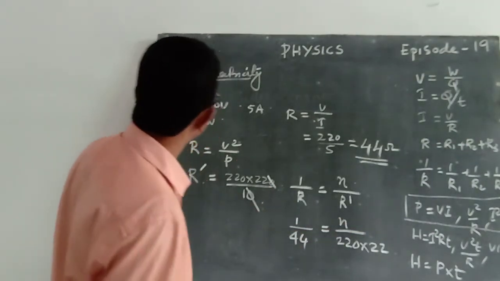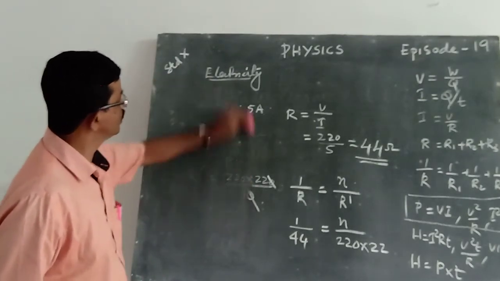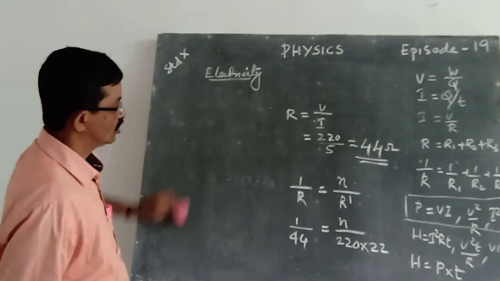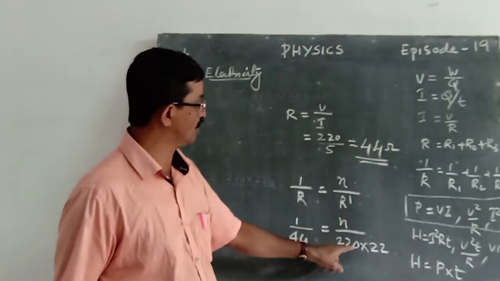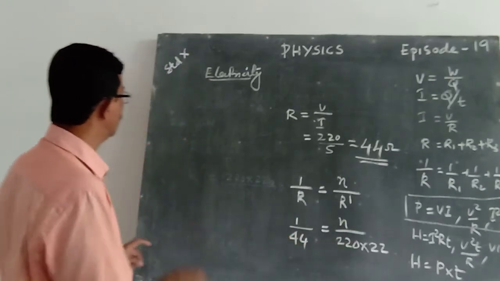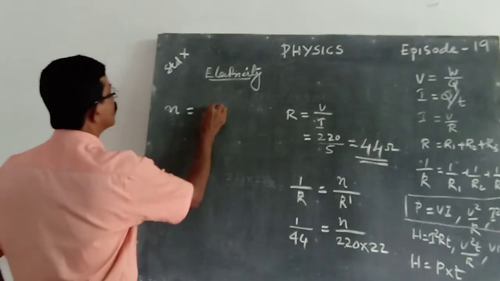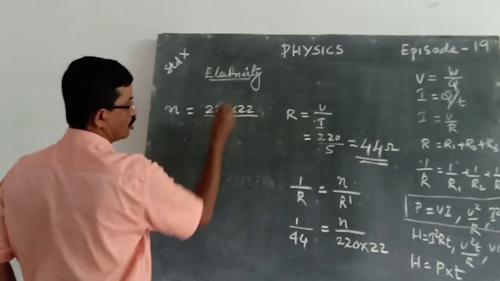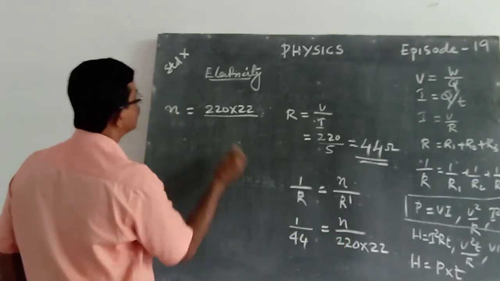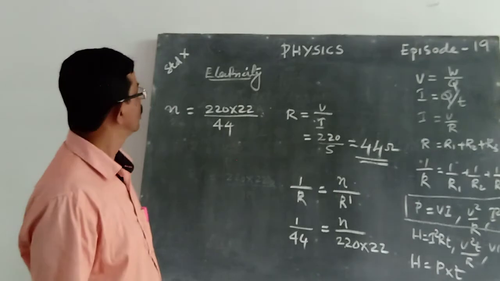See, we can simplify this again. From this, to get N, we can cross multiply. So N is equal to 220 into 22 on top, and this 44 down.